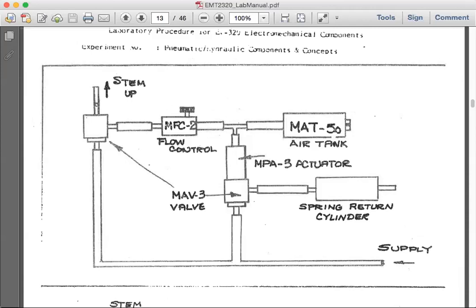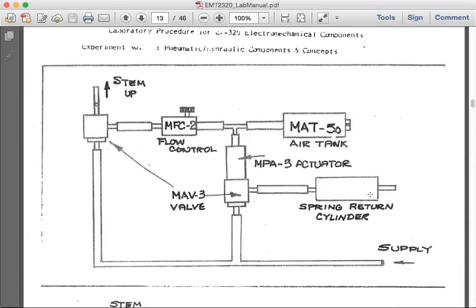But because you have a flow control and because you have the air tank, then you have to focus on the purpose of the flow control and the air tank in this system. What does it do? Therefore, the stage 3 would be that stem is released, you're venting the pressure, but this part is depressurizing slowly, okay? And the piston is still extended.